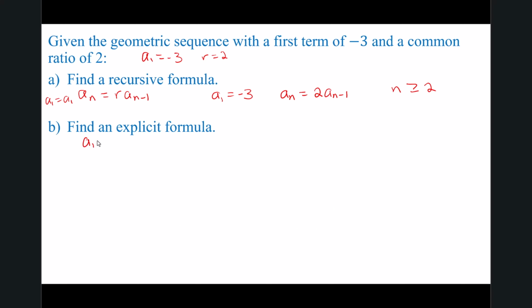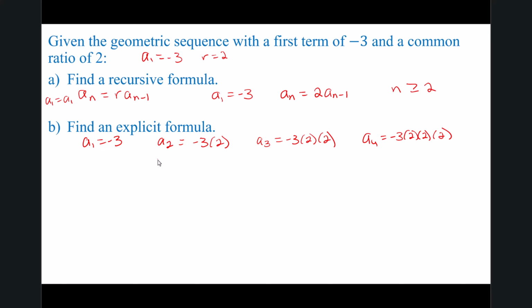Let's find the explicit formula. So a sub 1 is -3. A sub 2, we start with -3 and we multiply by 2. For a sub 3, we start with -3 times 2, and then we multiply by another 2. For a sub 4, we start with a sub 3, which is -3 times 2 times 2, and then we multiply by another 2. And we can start to see this pattern.